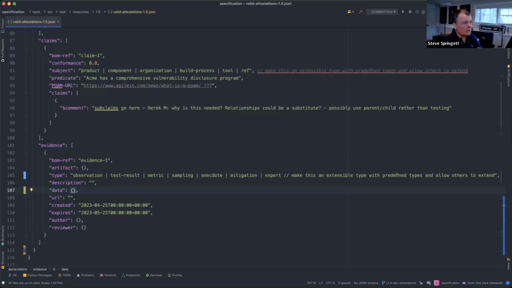Using the data element, you have a choice of whether you want to reference it via URL or attach it inline. In ML, there's no way you would attach terabytes of training data. It's not going to happen. But if you have a screenshot or payload that's sensitive, yeah, you absolutely would.